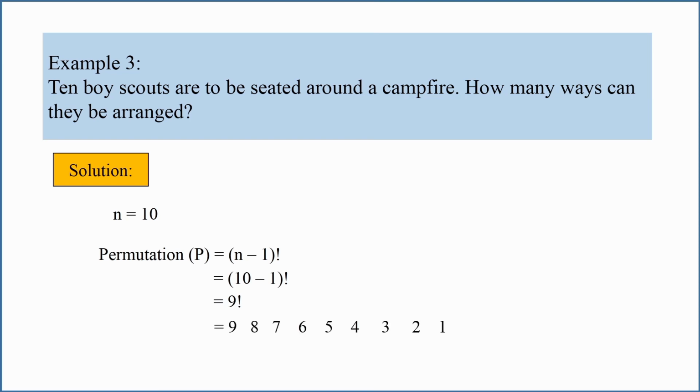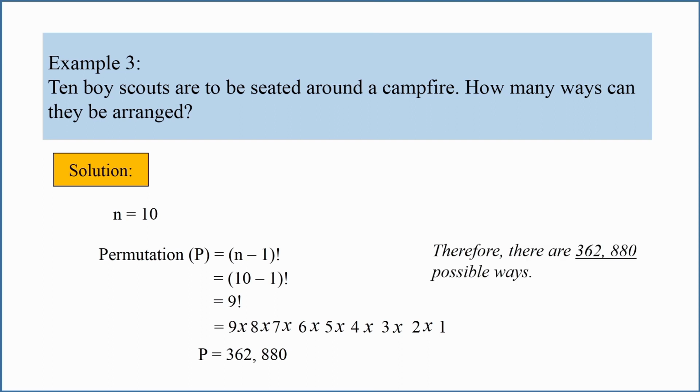That is 9, 8, 7, 6, 5, 4, 3, 2, 1 and then multiply them. 9 times 8 times 7 times 6 times 5 times 4 times 3 times 2 times 1 is equal to 362,880. Therefore, there are 362,880 possible ways.